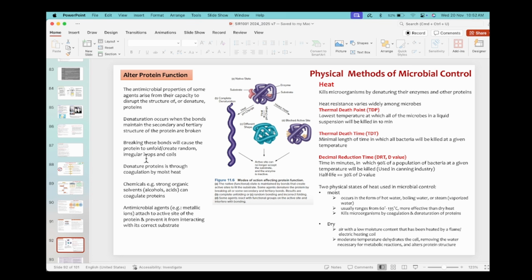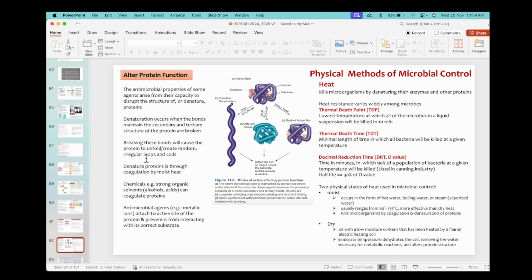Okay, so you have examples here. Metallic ions, usually copper, silver also. So the chemicals, antimicrobial agents used, they affect mainly the cell wall, then cell membrane, then protein synthesis, DNA synthesis, then protein function. Okay, so these are all the places where the antimicrobial agent can act upon.